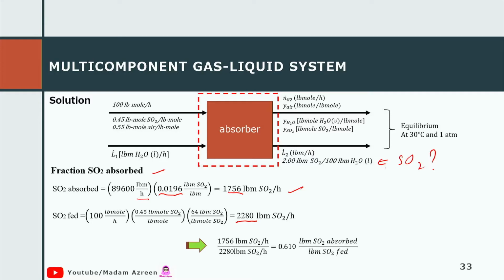Don't get confused: this is a mole, this is a mass, so we have to multiply by the molecular weight of SO2. You have to take care about the mole and the mass, and how to convert them into each other. Then you get this ratio.